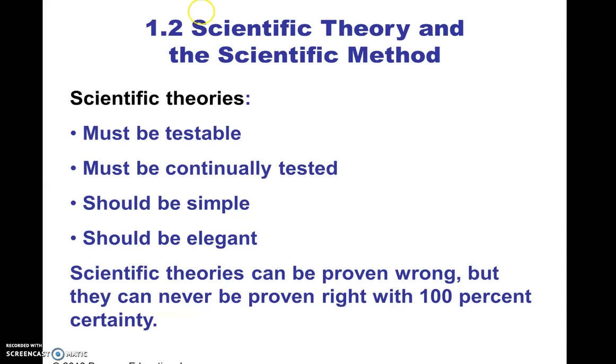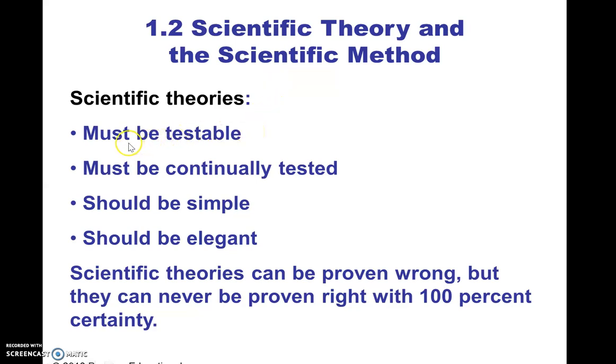But the point is, saying the Mona Lisa is a beautiful painting is not a scientific theory, right? It's not testable. Even if you're taking surveys of human beings ever since the Mona Lisa was painted, it still would not be considered scientifically testable.